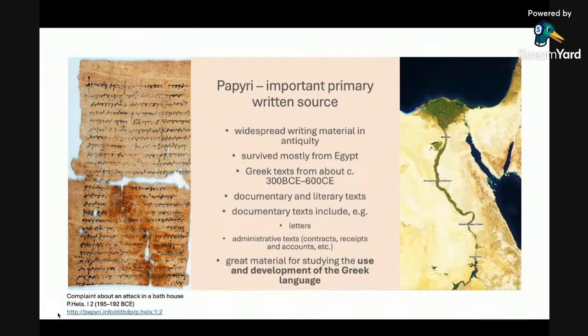The papyri do form a very important source material for language studies, so the use and development of Greek language in Egypt, with all different aspects of it. On the left-hand side, you see one papyrus text, which is actually housed in Helsinki in the National Library here. It's a complaint to a police official about an attack that had happened in the bathhouse, where a person was beaten up, and he is making a complaint.